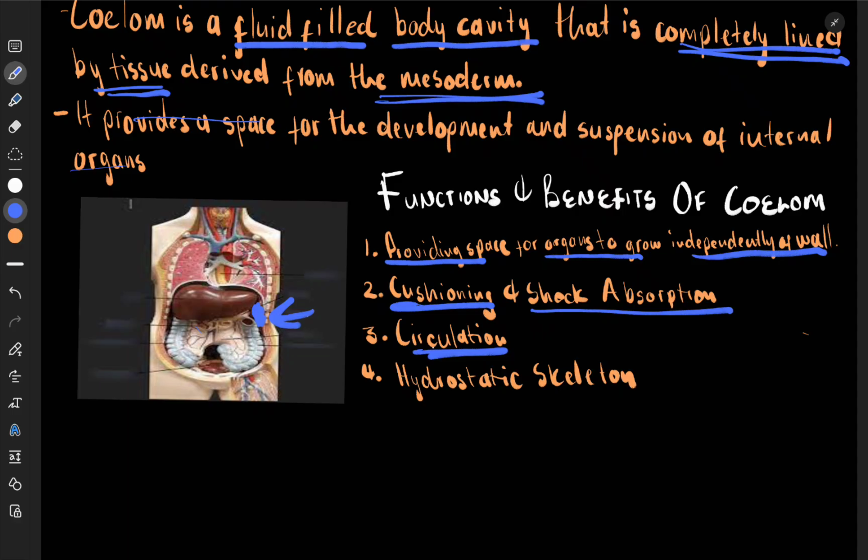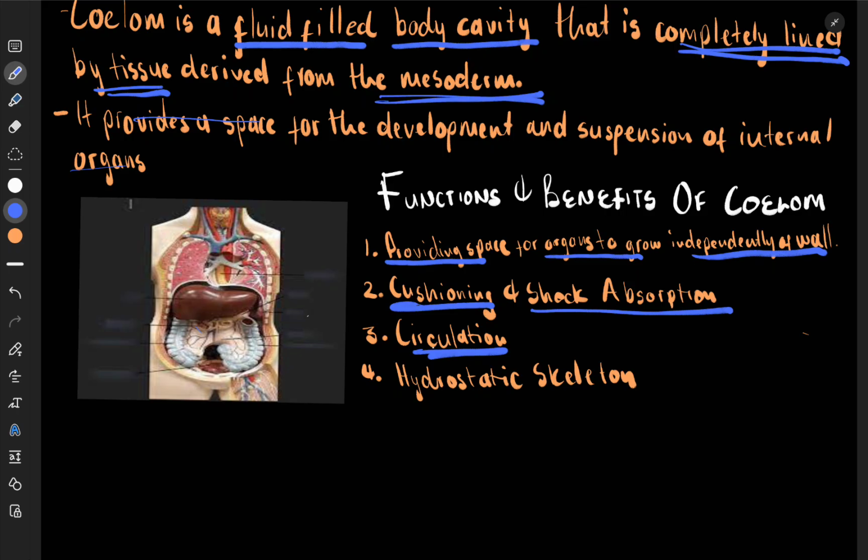So it helps the circulatory system, taking nutrients to other parts, because some nutrients may want to get to these body organs. And it also removes the waste that could be released by organs that are hanging in the coelom. It could help move that waste out of the body. Great. So the coelom is very helpful.